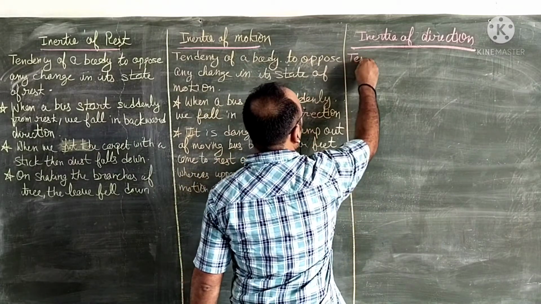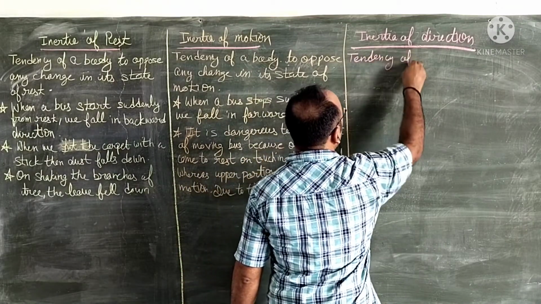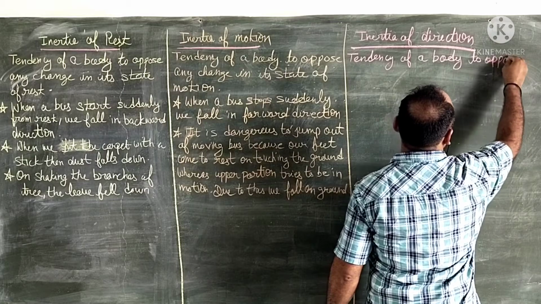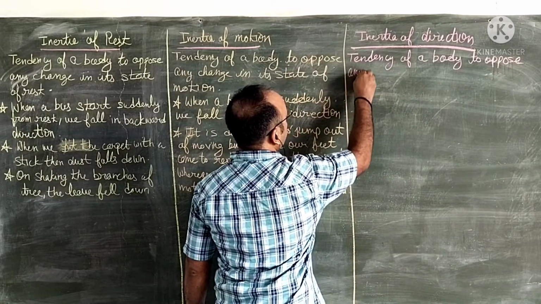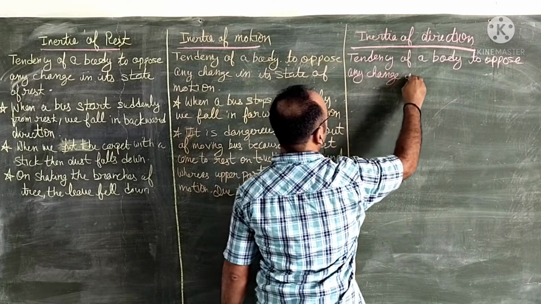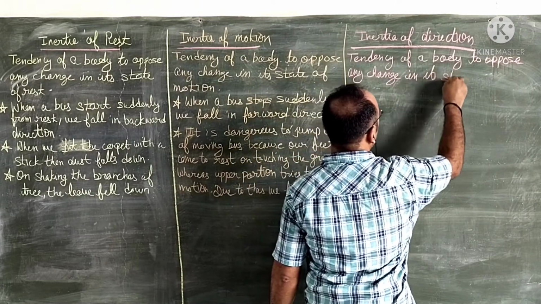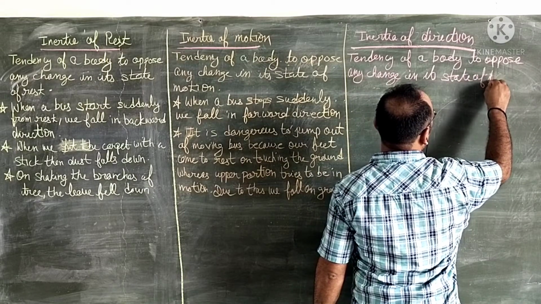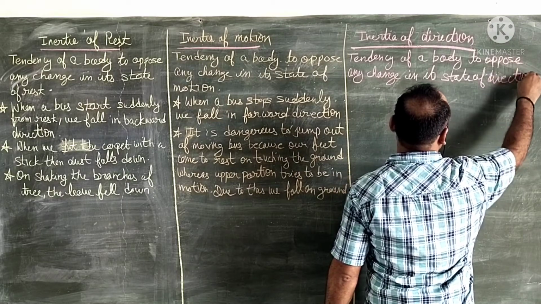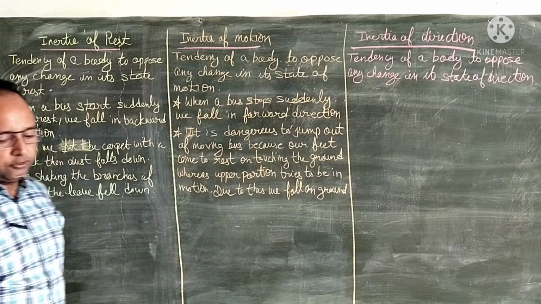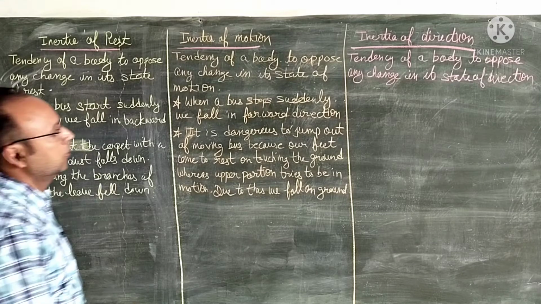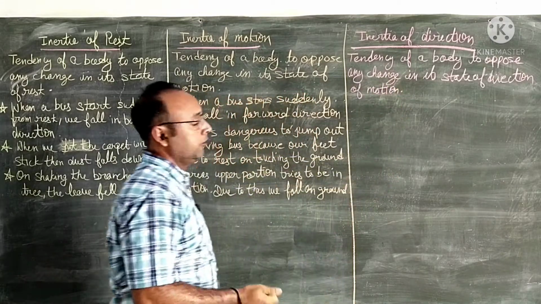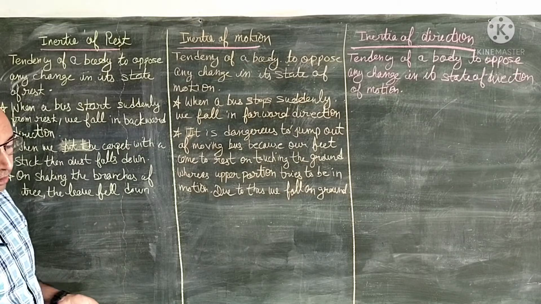So this is the tendency of a body to oppose any change in its state of direction of motion, right? Now there are examples for inertia of direction also.